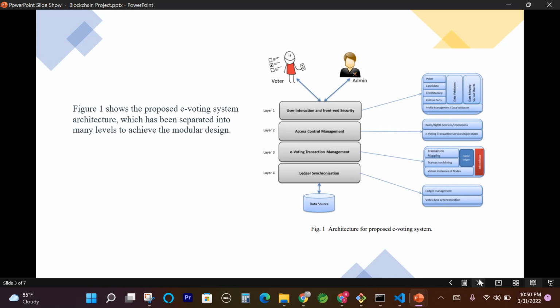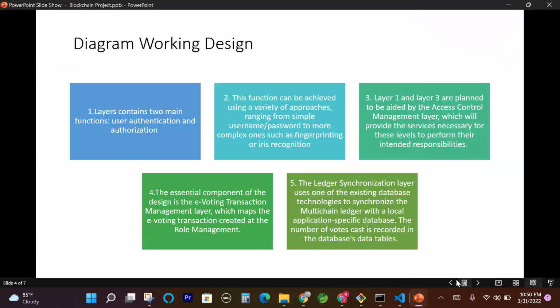Thank you. As I said, there are 4 layers. The very first layer is the user interaction and front-end security layer. This is in charge of engaging with the voters and administrators. It mainly facilitates the vote casting operations and supports administrating the election processes. This layer performs 2 main functions, which are user authorization and user authentication.